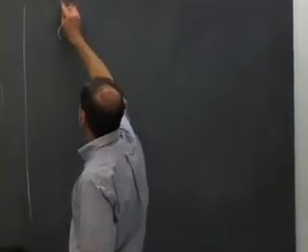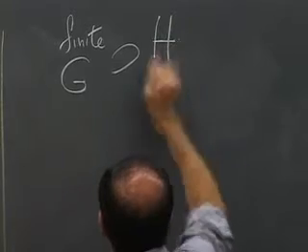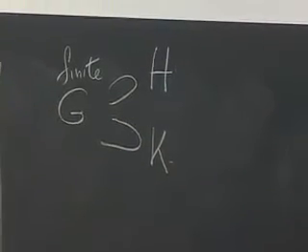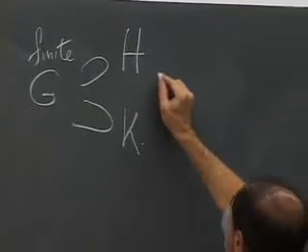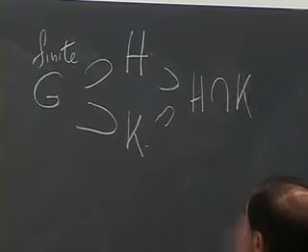Suppose you have a group which is finite, and you have two subgroups, H and K. And then you have their intersection, of course, which is a subgroup of both of them. Okay?